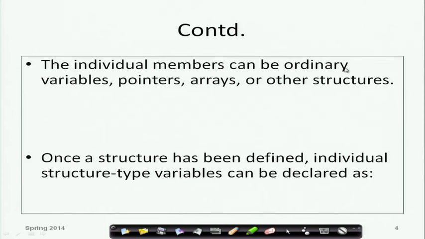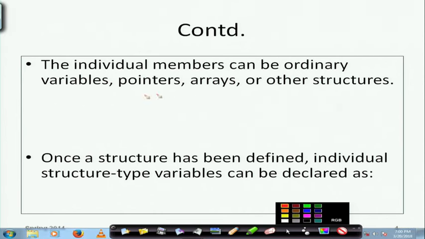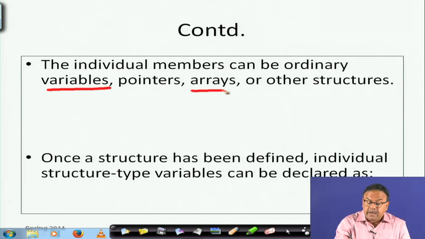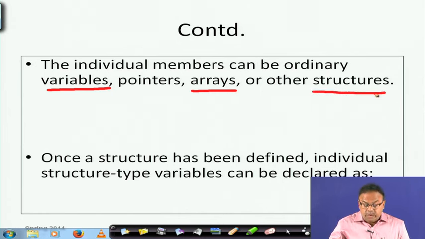The individual members can ordinarily be variables, pointers, arrays or other structures. It can even be another structure, that is very important. It can be a variable, just as name, or it can be an array. Name was a character array, or it can even be a structure. That means I can have a structure within a structure.